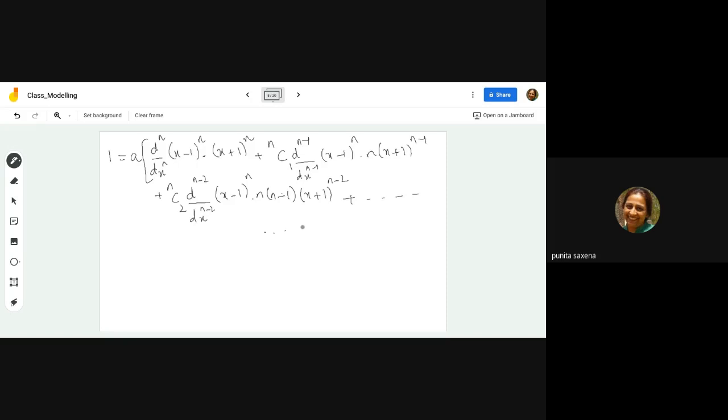The last term will be u as it is, but the nth derivative of v, which is nothing but x plus 1 to the power n. Is this okay or not?